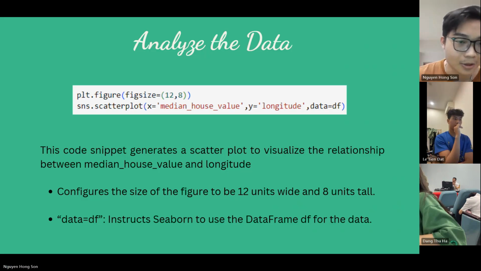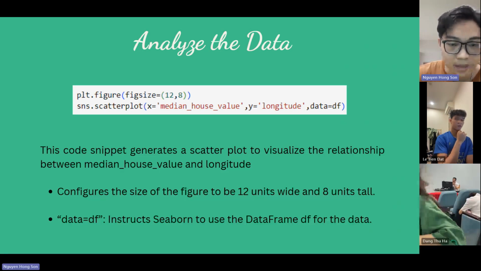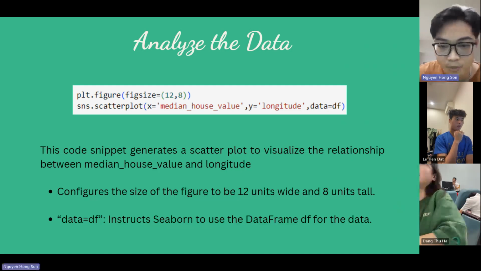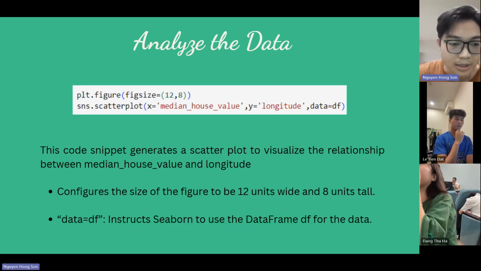And as you can see, this code snippet generates a scatter plot to visualize the relation between median house value and longitude. First is to configure the size of the figure to be 12 units wide and 8 units tall. The second, data equals df.